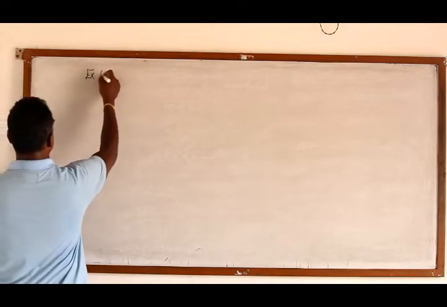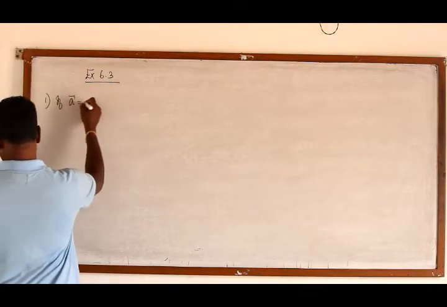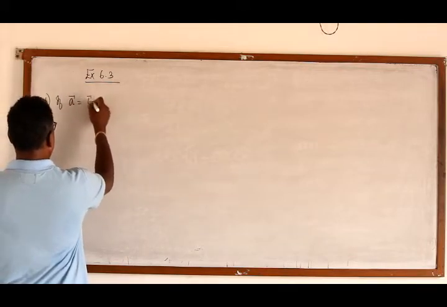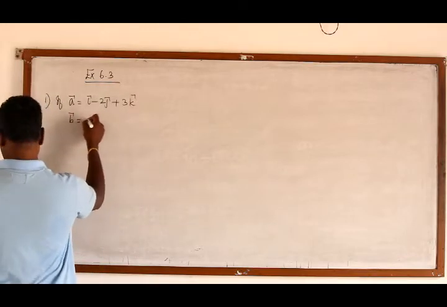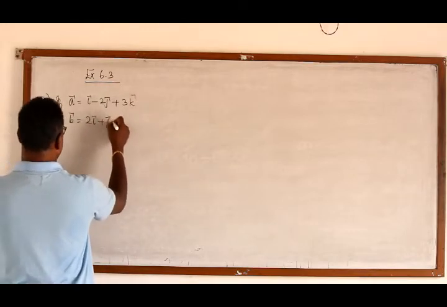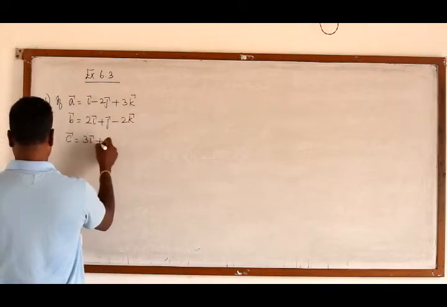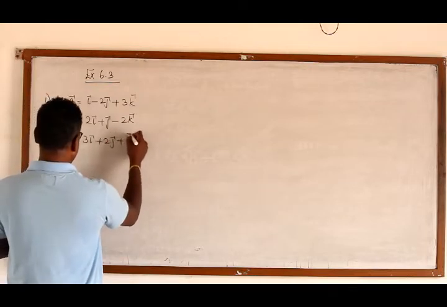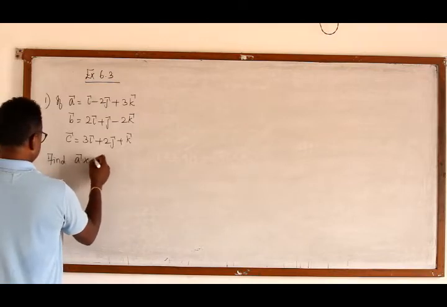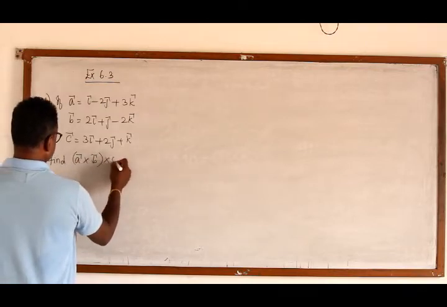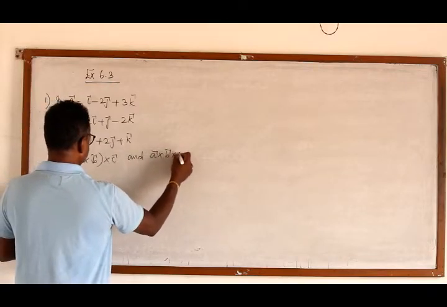Now exercise 6.3, first problem. If A vector equal to i minus 2j plus 3k, B vector equal to 2i plus j minus 2k, C vector equal to 3i plus 2j plus k, find (A cross B) cross C and A cross (B cross C).